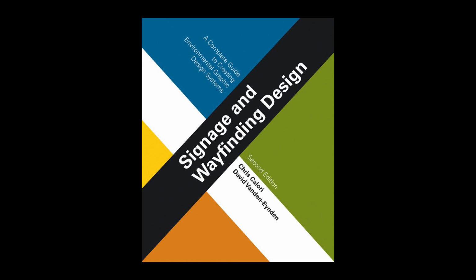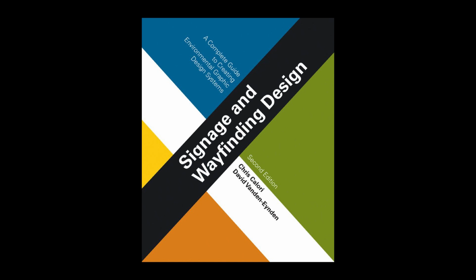The visual aspects of a sign program are deeply influenced by its informational aspects, so it's important to start Phase 2 with exploration of the program's information and content system. Briefly, this includes determining the locations and communication functions of key signs in the program, as well as generating approaches to sign message, nomenclature, and hierarchy.